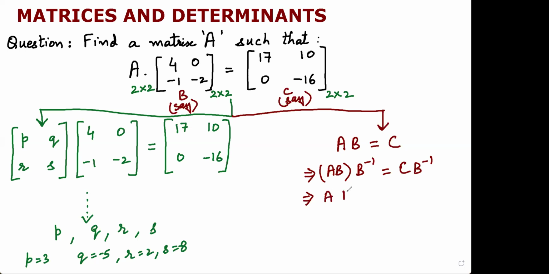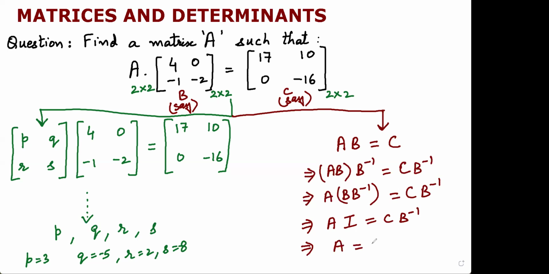So you can write it as A times B times B inverse, you can club B and B inverse together, and that will become an identity matrix. So A times I is equal to C times B inverse. And A times I is A. So matrix A is C times B inverse.